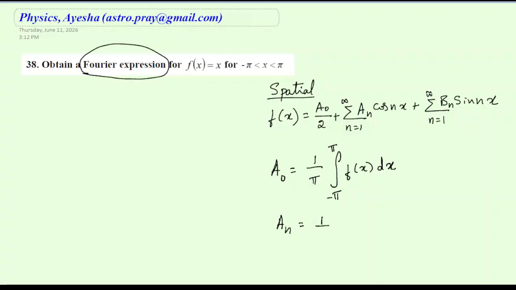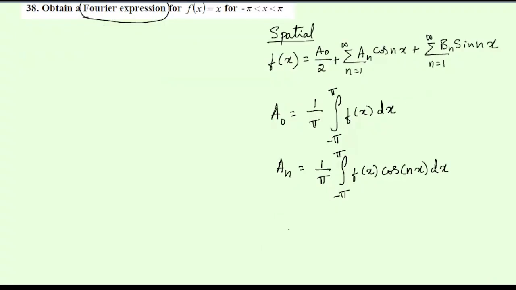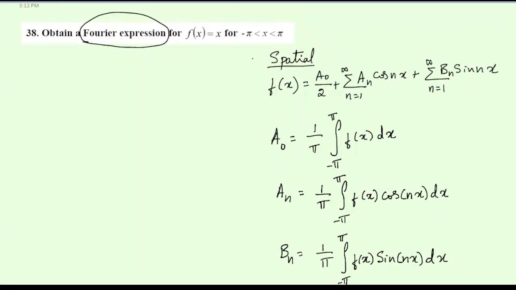An equals 1 by pi integral of f of x times cos nx dx over the interval minus pi to pi, and bn equals 1 by pi integral of f of x times sin nx dx over the interval minus pi to pi. Okay.